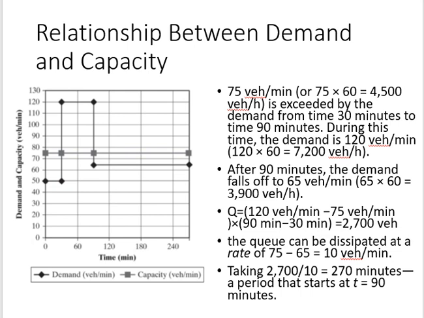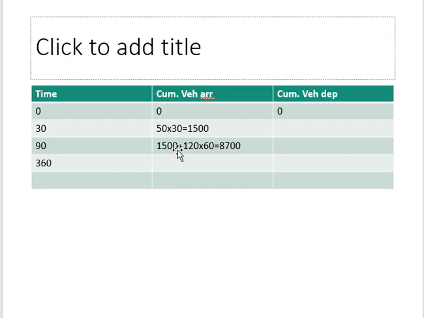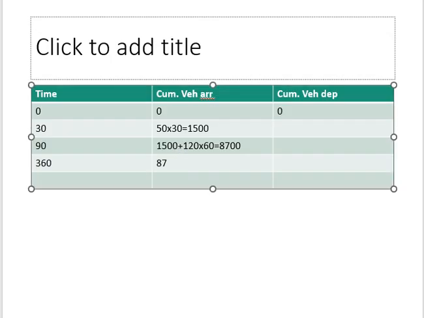So I will add whatever number I had at 90 plus 65 into 270. That is 26,250. Any problem up till now? Clear?